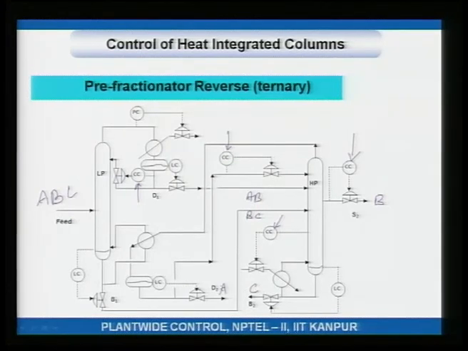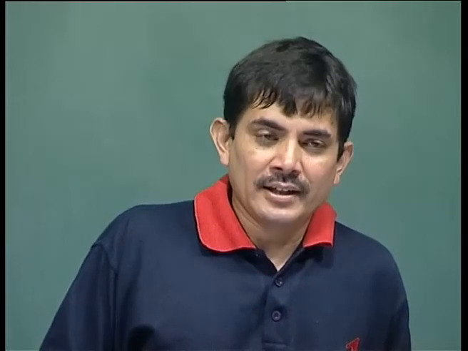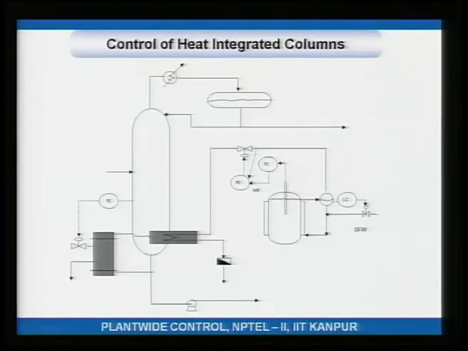Okay. Sometimes what happens is you have got a highly exothermic reaction going on, and you know that reaction heat is being removed to generate steam. I will just explain what is going on here.